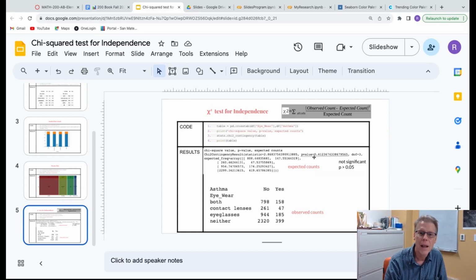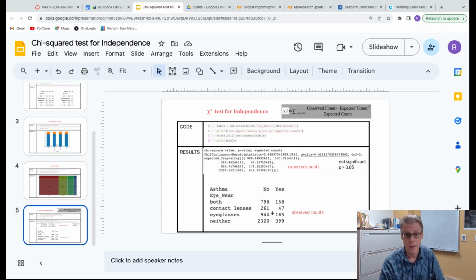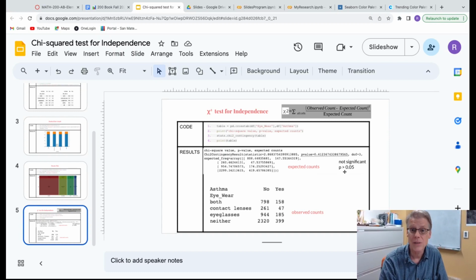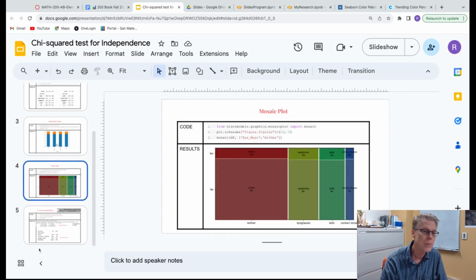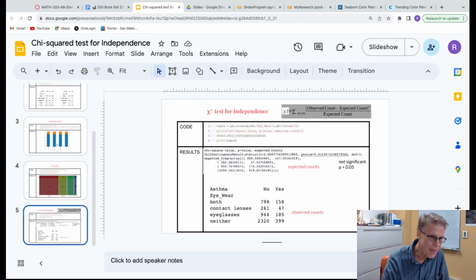Even given that, there's a 41% chance that you could have these observed counts as different from that as they are, or even more different than that. There's a 41% chance that could happen. So that's super easy to think that just happened by chance. Certainly, it's not less than the 0.05 for significance. So it's not significant. Okay, that is enough for this marathon slide.